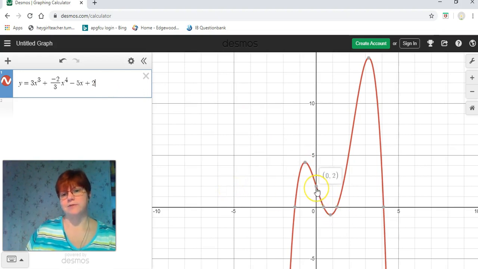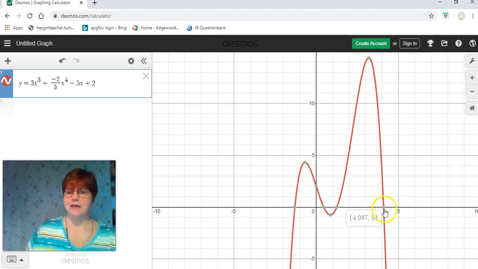Well, my y-intercept is right here, (0, 2). My x-intercepts, using Desmos, this is a blast. My x-intercepts are negative 1.30, 0.4490, 1.2550, and 4.0970. So those are my x-intercepts.